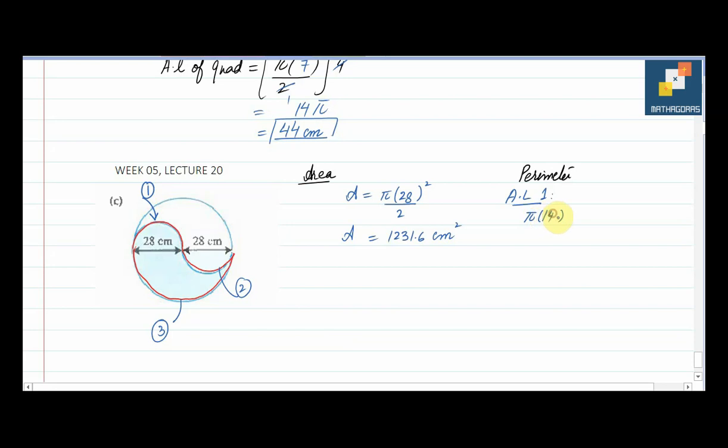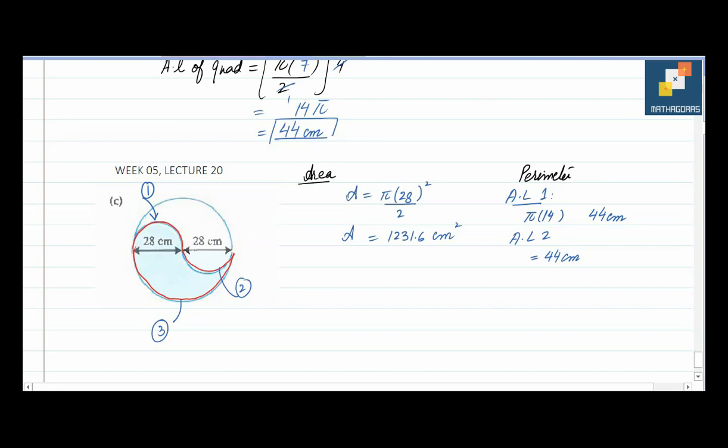So it's 14 pi, and 14 pi is 44 centimeter. If we talk about arc length 2, it will be the same, also 44 centimeter. Same size of semicircle means same arc length.